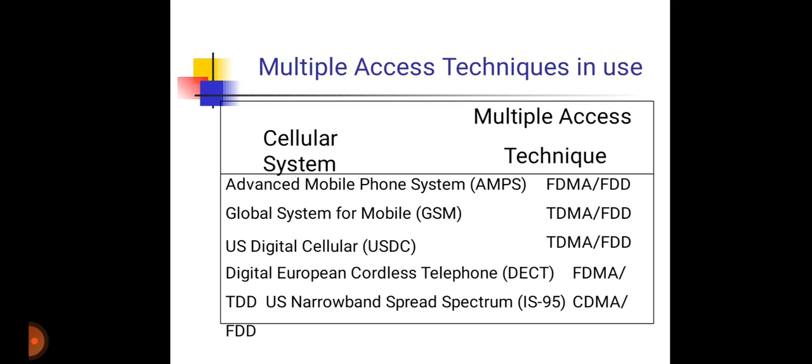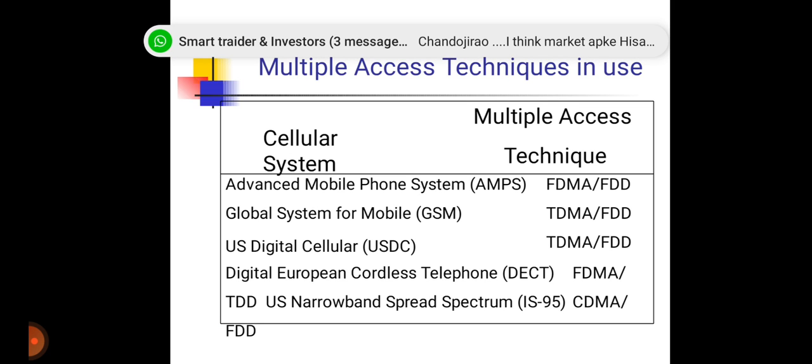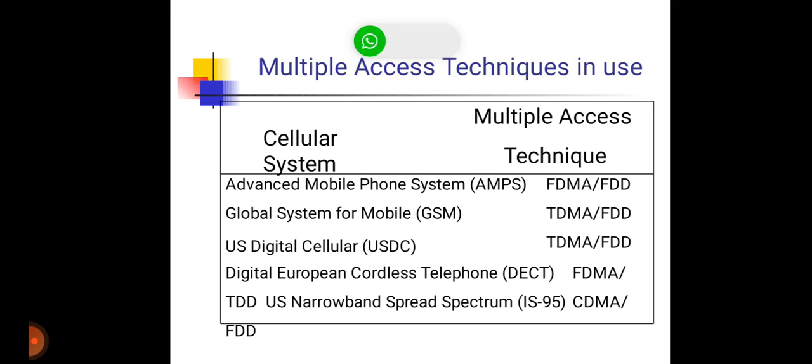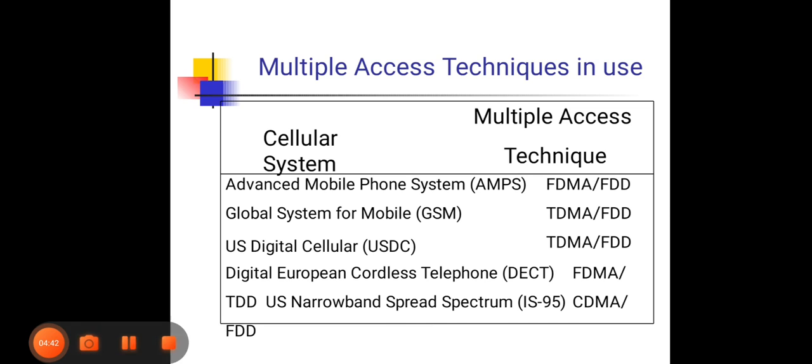Also, DECT is the digital European cordless telephone, and the multiple access scheme used for this is FDMA and TDD. For US narrowband spread spectrum, that is IS-95, the multiple access technique used is CDMA FDD.